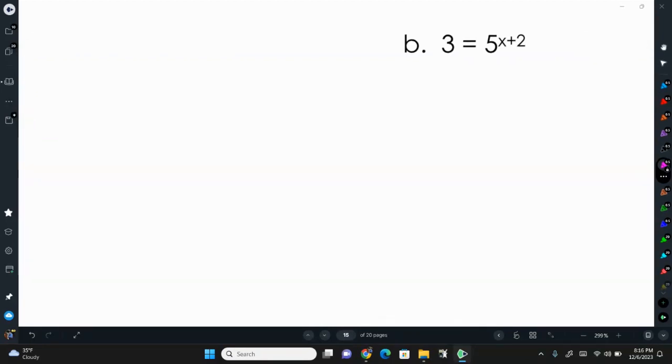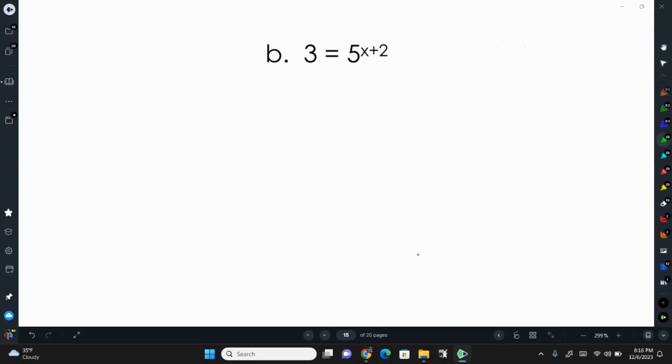Now, example B over here, we have 3 equals 5 to the x plus 2 power. Because we only have this 5 on that side, we can't divide both sides by 5. We aren't able to do that. If there was a number in front of the 5 being multiplied, then we would want to divide everything by that.